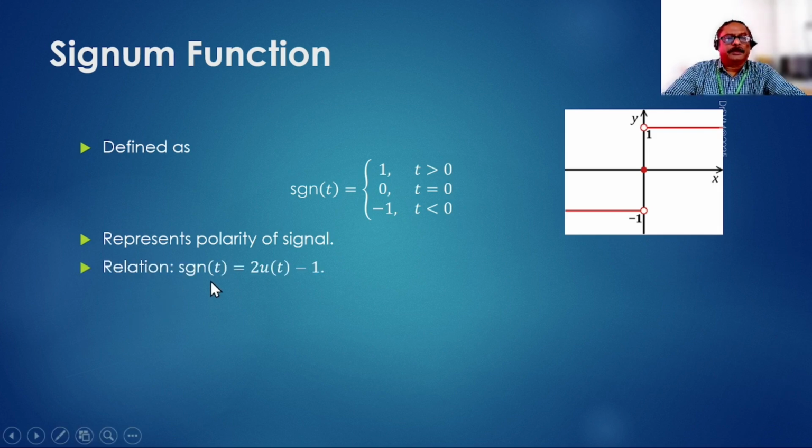And this can be computed using the formula 2 times u of t minus 1. If u of t is 1 from t equal to 0 onwards, then 2 times that will be 2 from 0 onwards, and it will be 0 from minus infinity to 0.